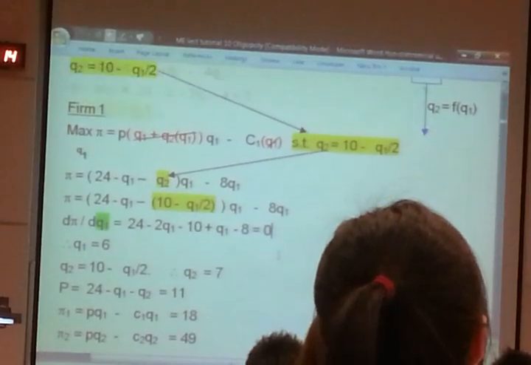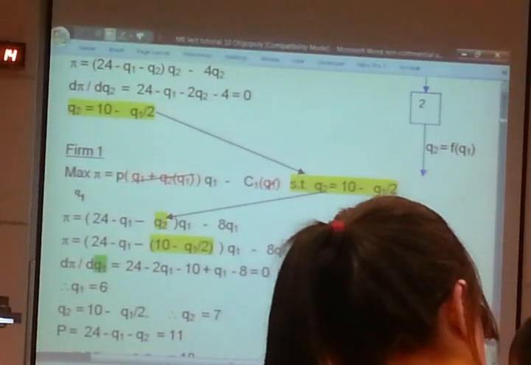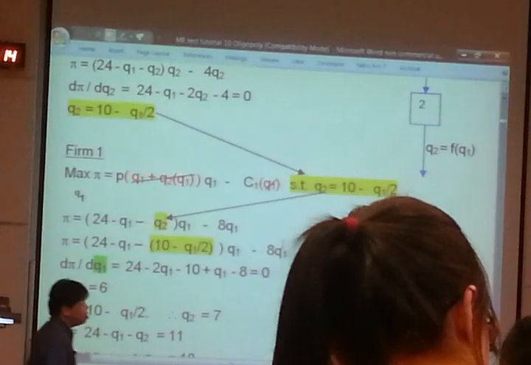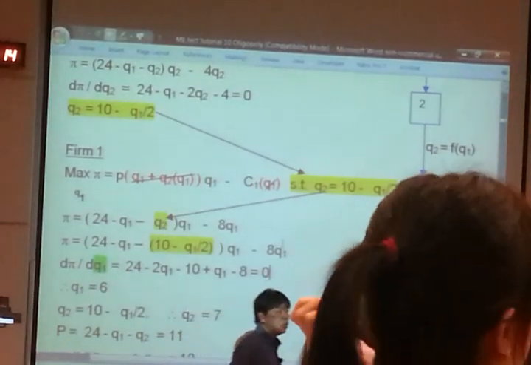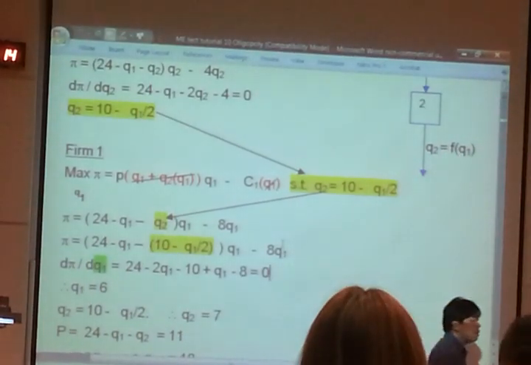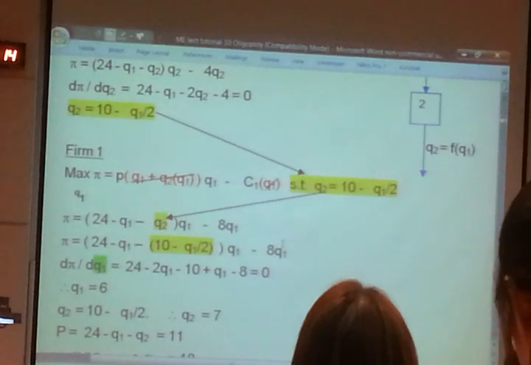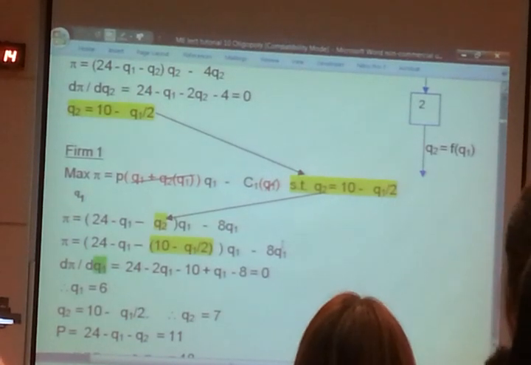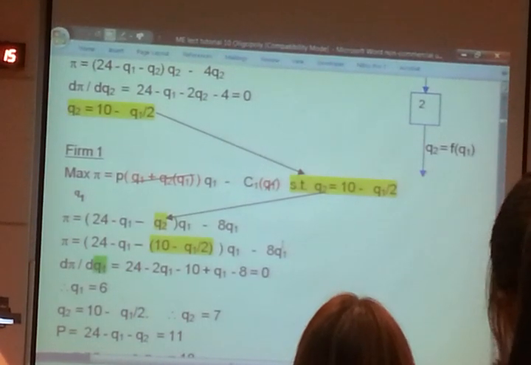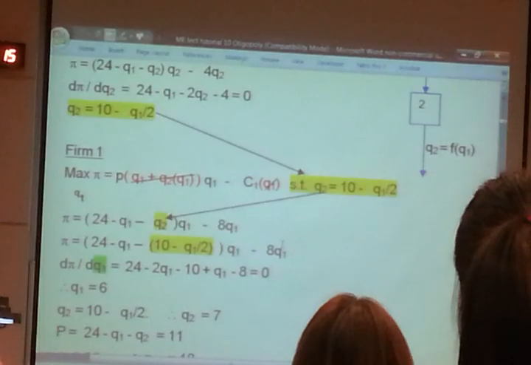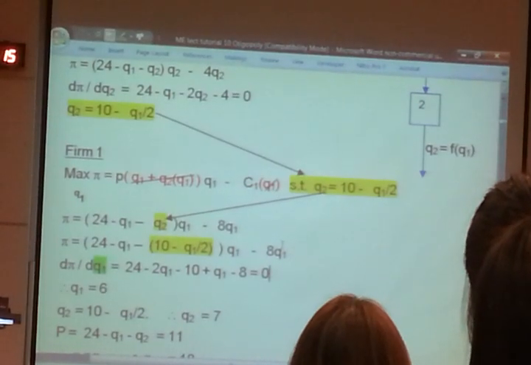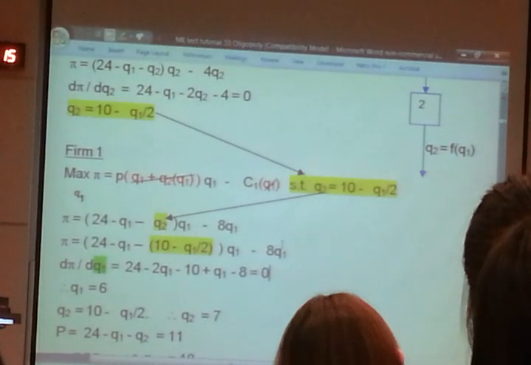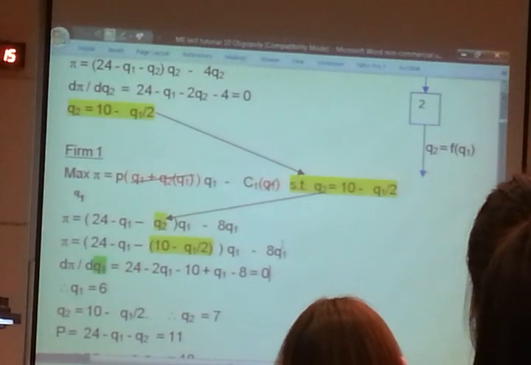We have to differentiate. Okay, differentiate. Subject to the condition that Q2 must be equal to this. So subject to this constraint, we have to obey.